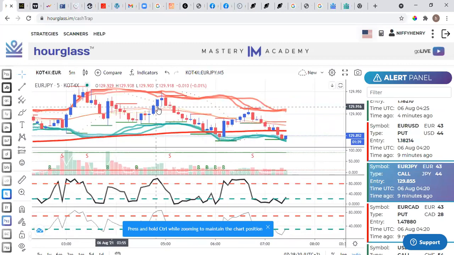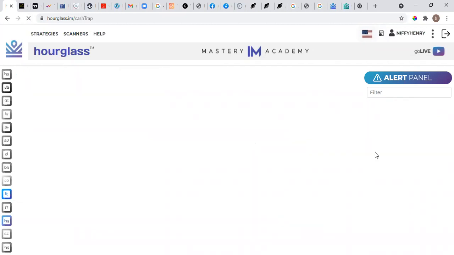Let me refresh the page again. I have a saved template that I like to use, and I notice that anytime I use it, it will not give me the quality score again.